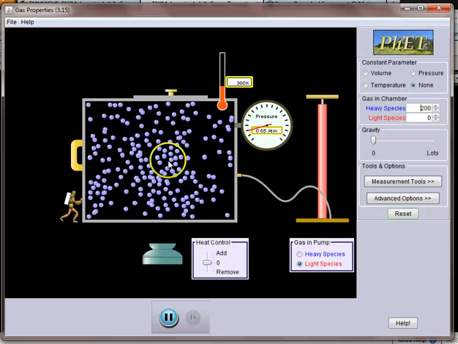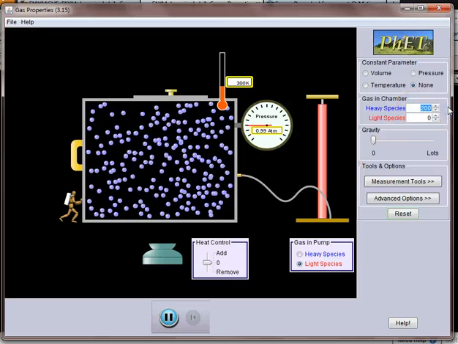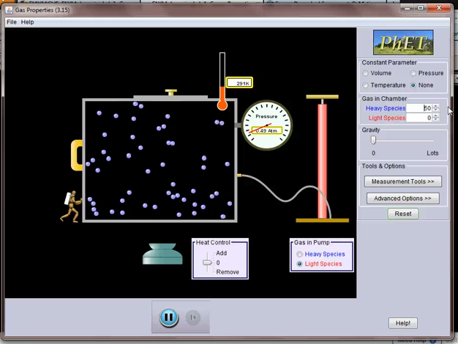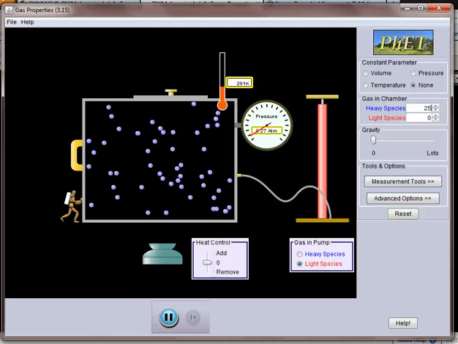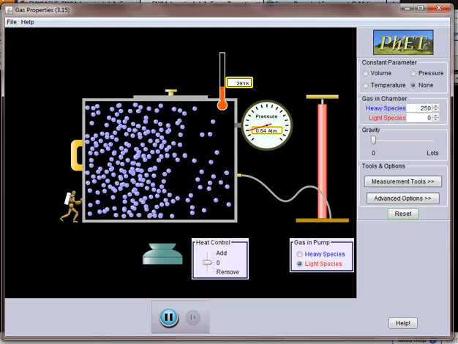Now there are a total of 200 particles in the chamber. If you want 50 more particles, sorry, it should be 250. So now you're going to have 250 particles in the chamber.